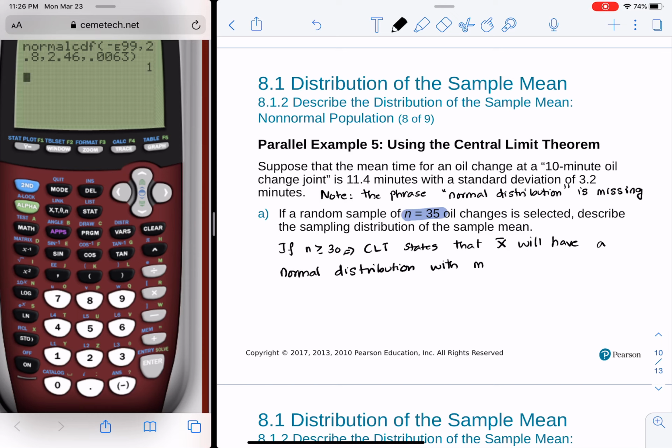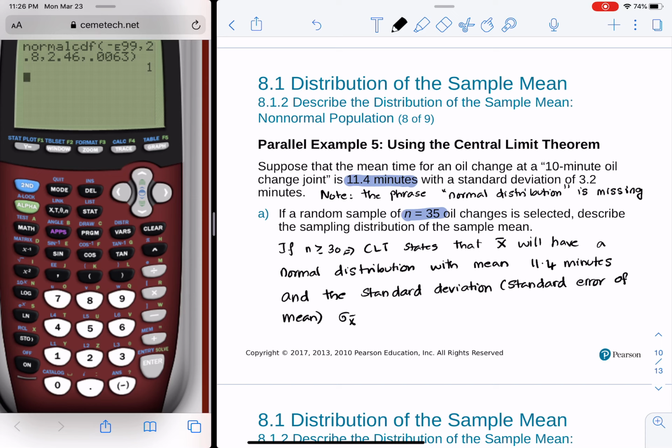with mean same as the original mean that is given in the problem, which is 11.4 minutes, and the standard deviation, which we call the standard error of mean, sigma x bar, is the value of sigma, the standard deviation 3.2, divided by the square root of n, which is 35.